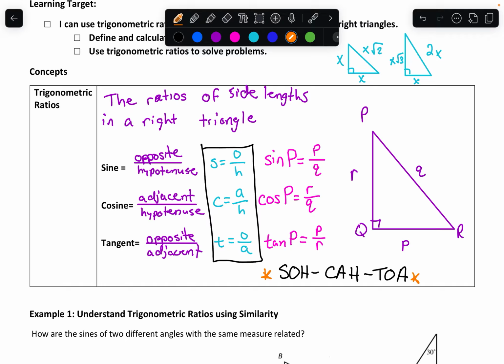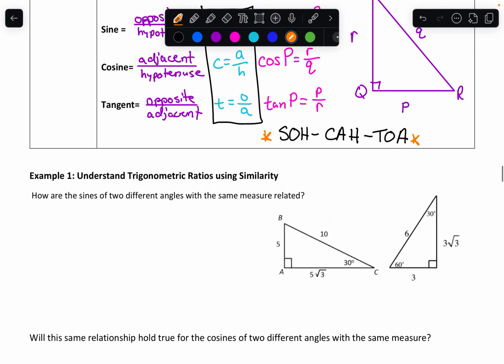So again, we'll talk about what this all means, why it is important, and how these really represent the ratio between the side lengths. In example 1, we're going to talk about why it's important to know trigonometry because it's universal. So the question here is, how are the sines of two different angles with the same measure related?